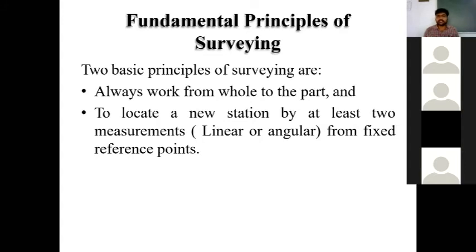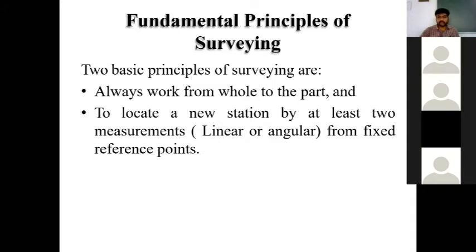Today we're going to study principles of surveying. There are two basic principles of surveying. The following are: number one, work from whole to part. And the second, to locate a new station by at least two measurements.